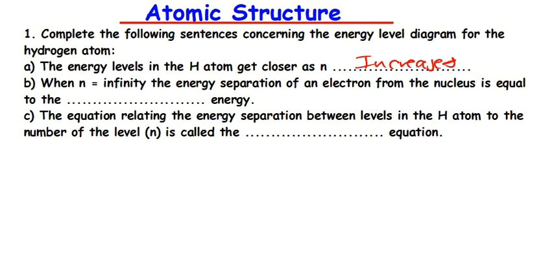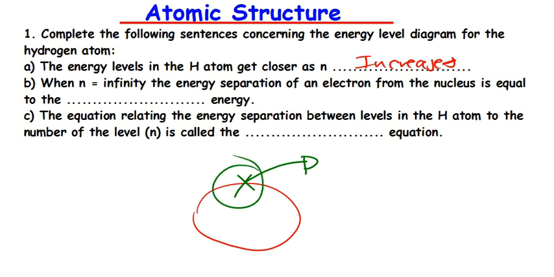B. When n is equal to infinity, the energy separation of an electron from the nucleus is equal to what? When you've got an electron that is being separated from the nucleus, and n is equal to infinity, the energy separation is equal to 1. This is the separation of the electron from the first energy level going up to n equal to infinity.